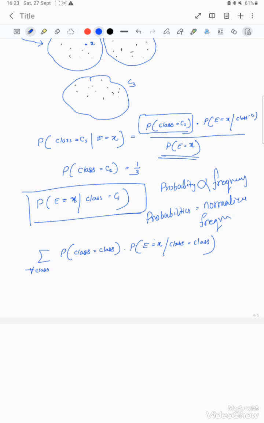Then you multiply the likelihood by its prior, which I mentioned. Likelihood times prior is basically the joint distribution of your evidence X and your class C1. So you have some notion of the joint distribution of class C1 and evidence X, and you marginalize that joint over all three classes.